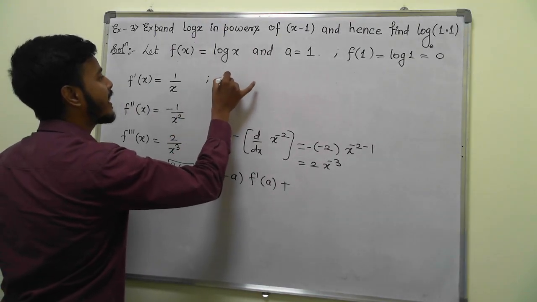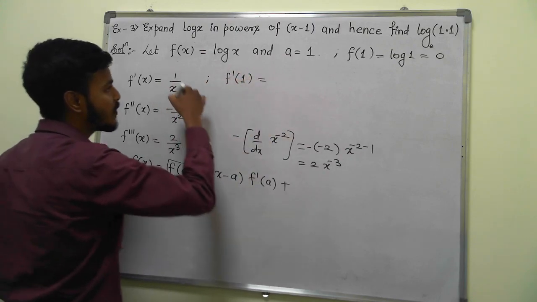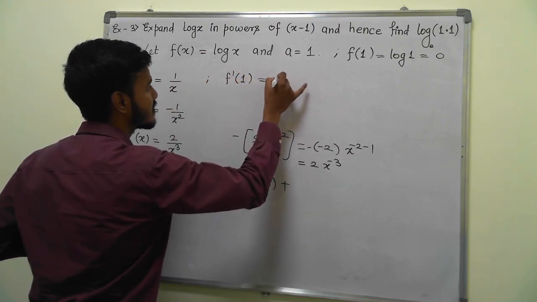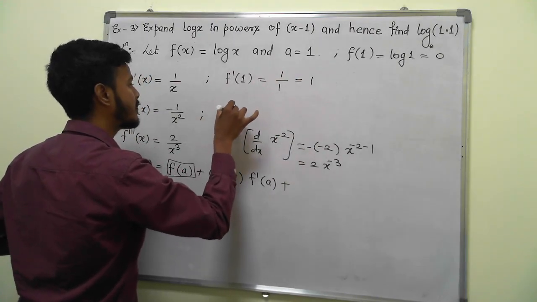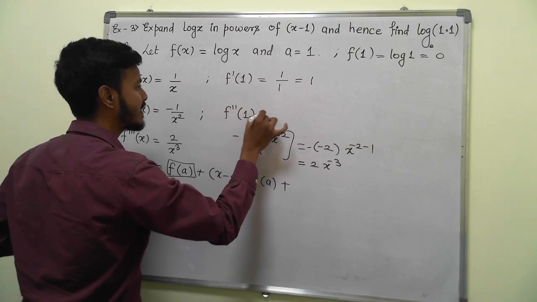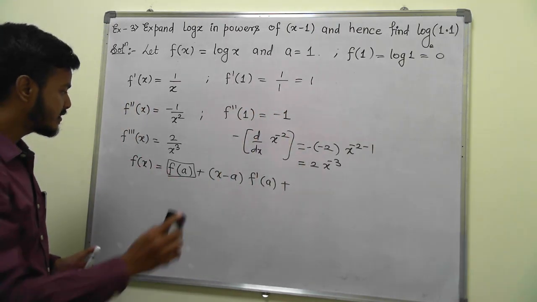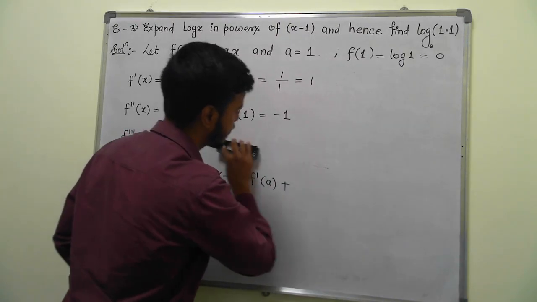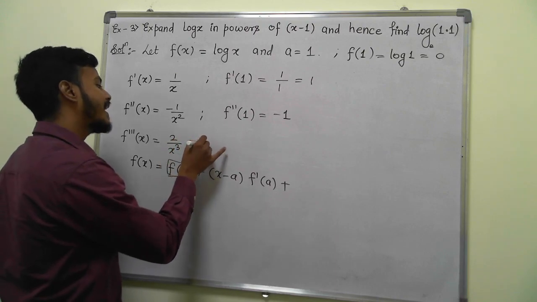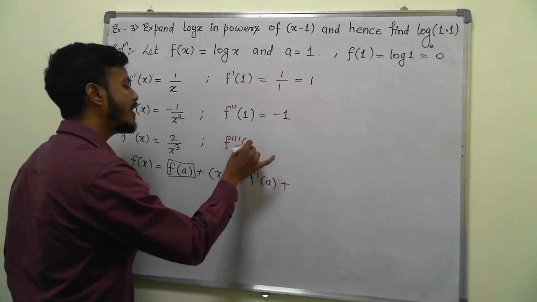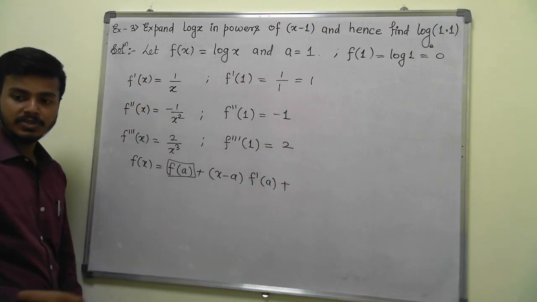Now, f dash of 1 is 1 by 1, that's 1. f double dash of 1 is minus 1. What is f triple dash of 1? That's plus 2, since 2 by 1 cube is 2.